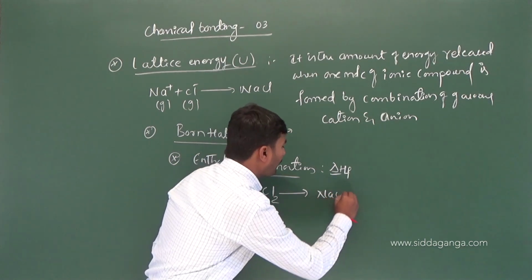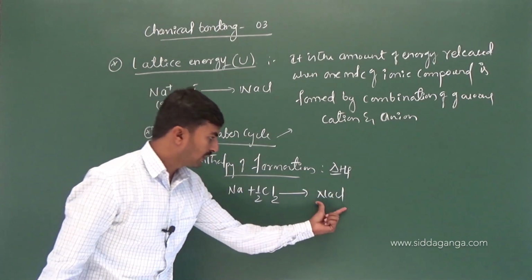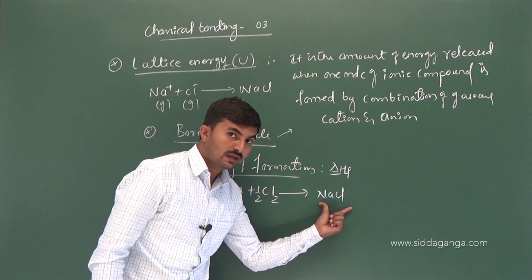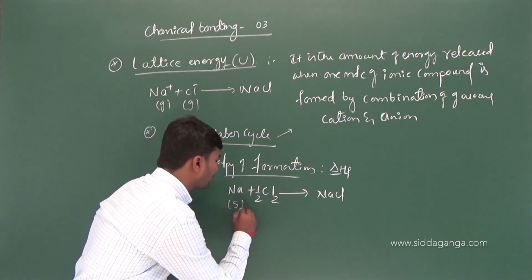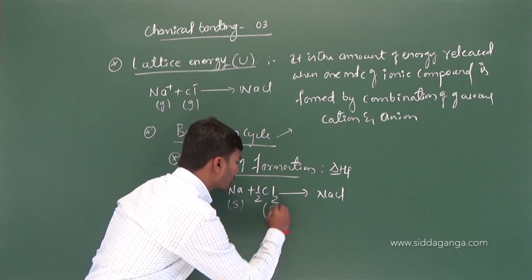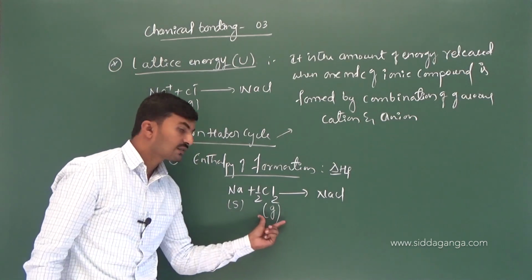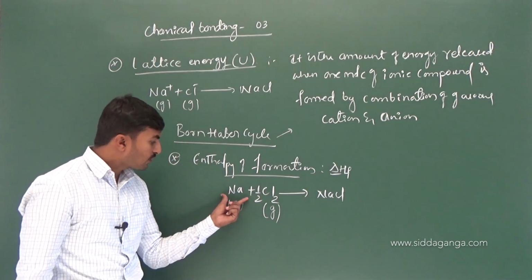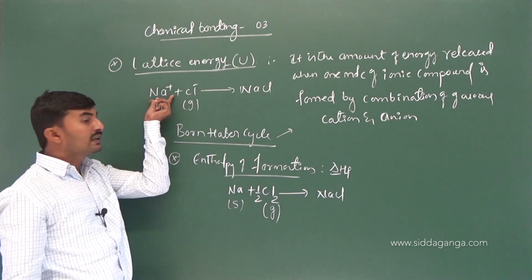Enthalpy of formation is when again 1 mole of ionic compound is formed from its elements in their pure and stable state. Here sodium does not exist in the Na plus state.